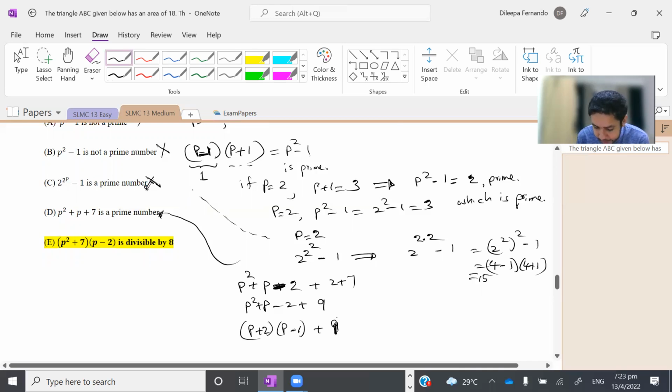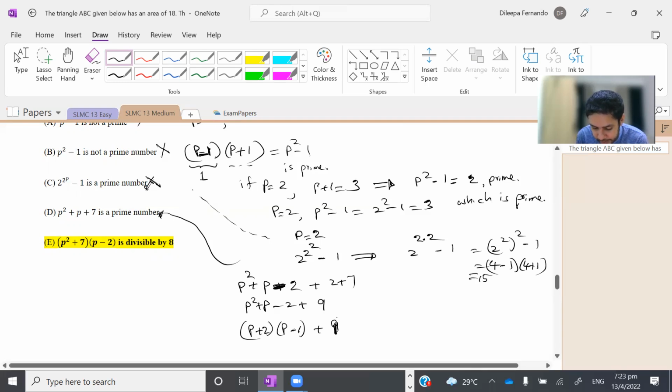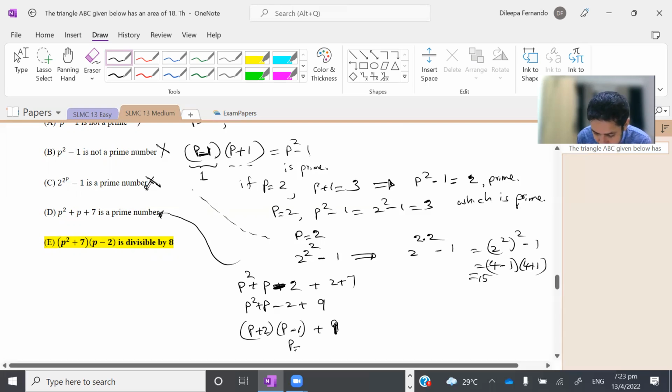You can see it is sufficient to find p plus 2 as a factor of 3. Luckily, when p equals 7, p plus 2 is 9.